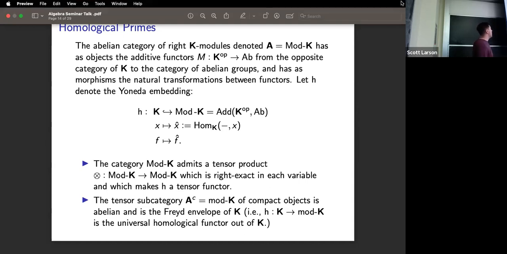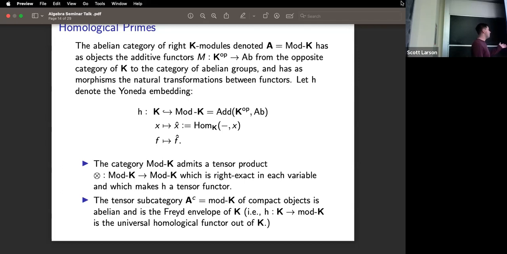This module category receives K via the Yoneda embedding that I call H here. Something important to note is that you can put a tensor product on this module category via something called Day convolution, which is right exact and which makes the Yoneda embedding a tensor functor.